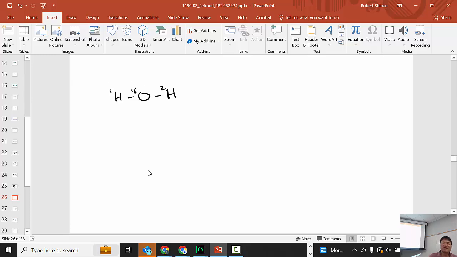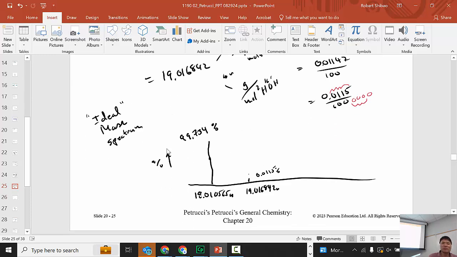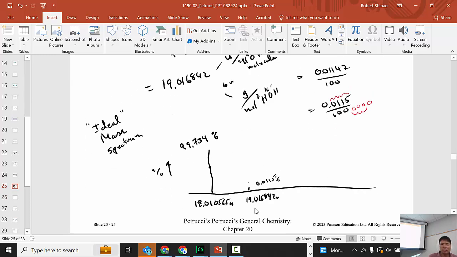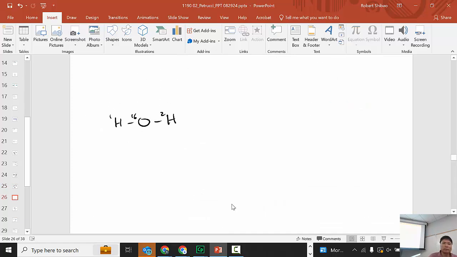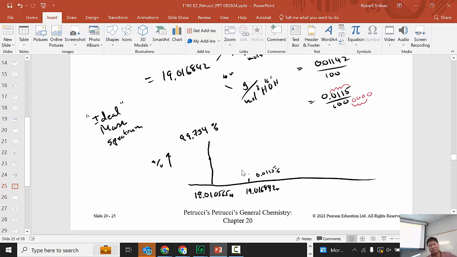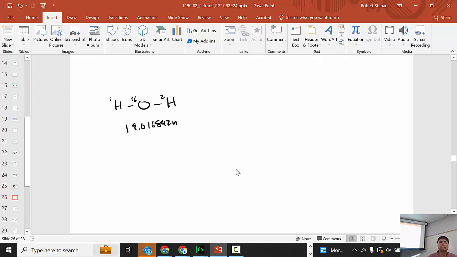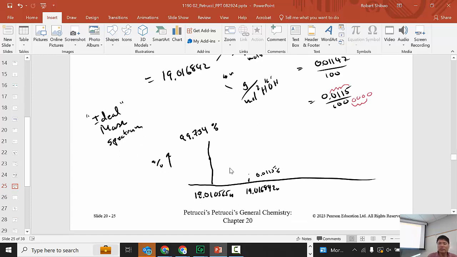Yes, this is going to weigh exactly the same amount, 19.016842. So it's not going to result in a different peak here, but you know what it's going to result in?